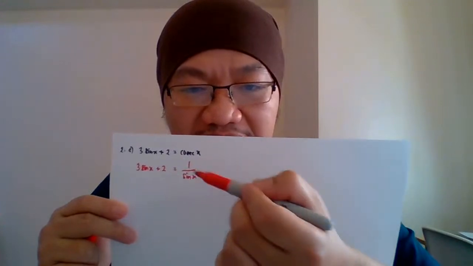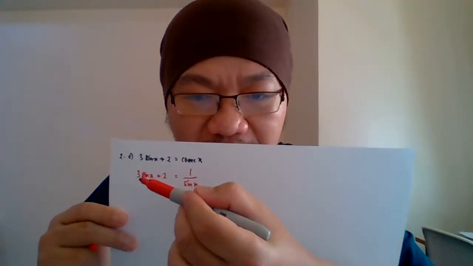So after that, this sine x, you just move to the left side, and it becomes an expansion. From the expansion, what does it become? A quadratic. So 3 sine x times sine x equals sine squared x.